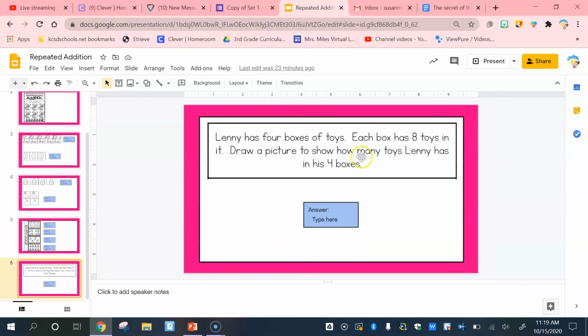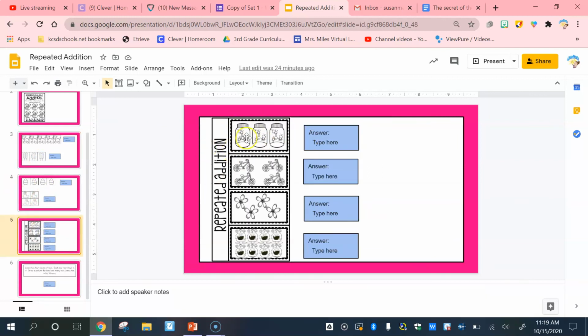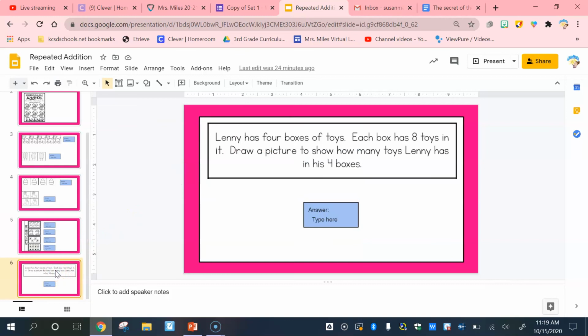And then I want you to go back and answer this, and you're just going to upload a picture of that. So think about what our pictures look like up here. Specifically look back at this one and it might help you. That's what you're going to do, okay?